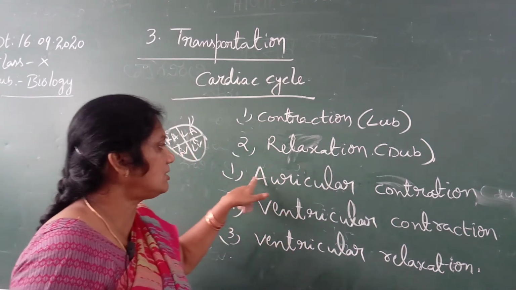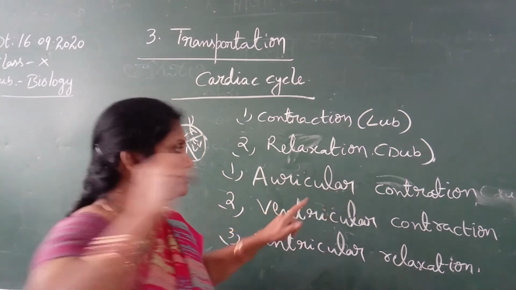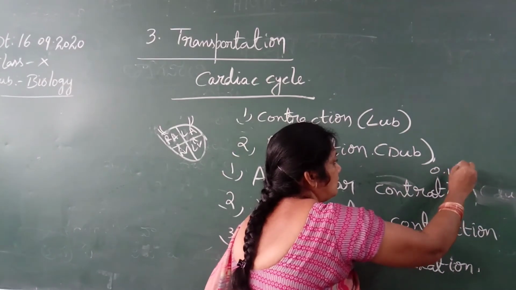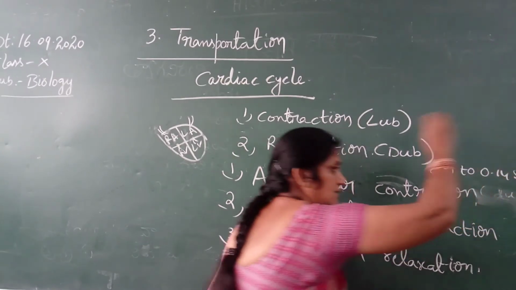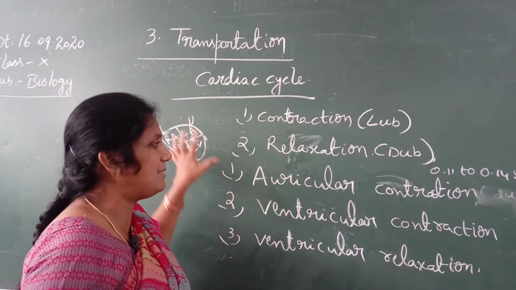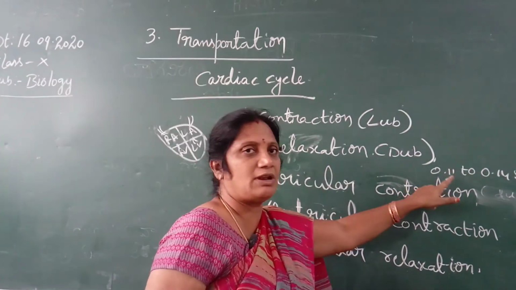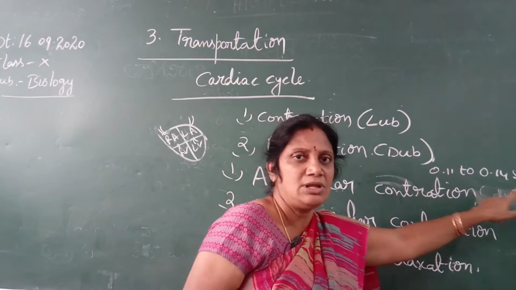One auricular contraction takes 0.11 to 0.14 seconds.